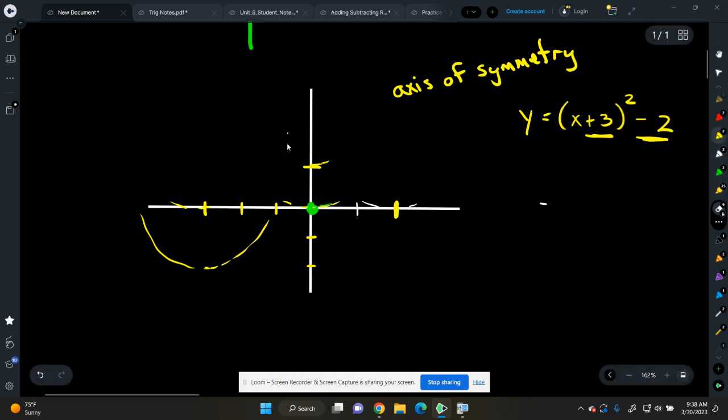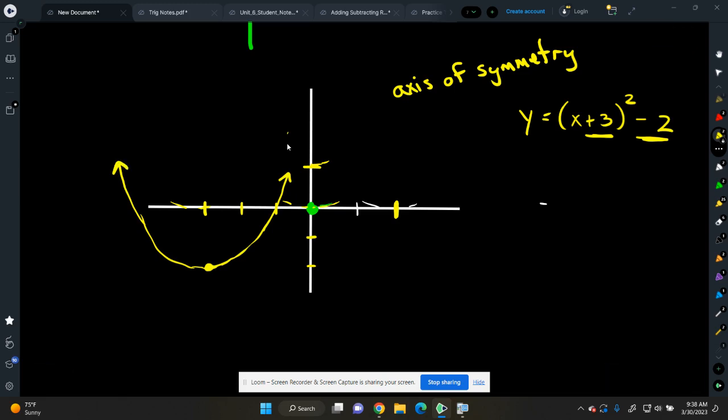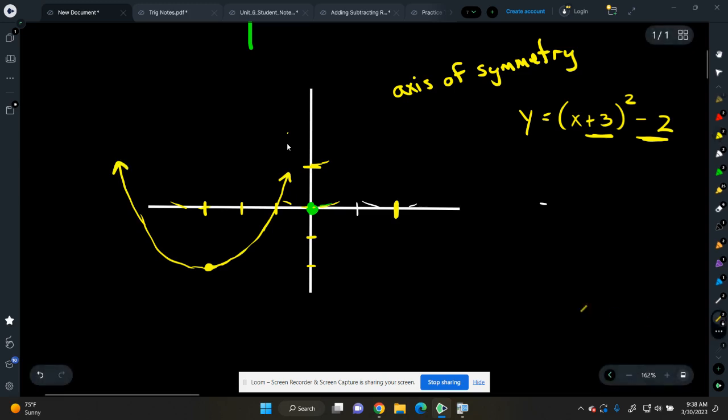Is this parabola going to cross the x-axis? Yeah, because remember, we said it continues to go. So it's going to cross the x-axis. How do I identify that axis of symmetry? Good.